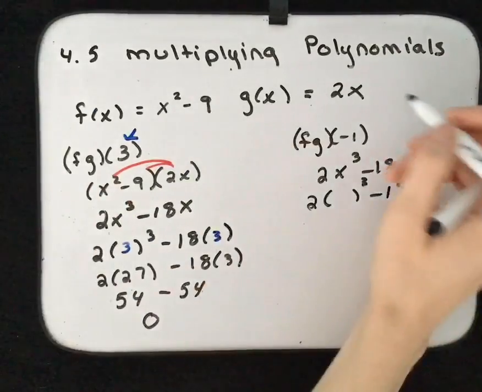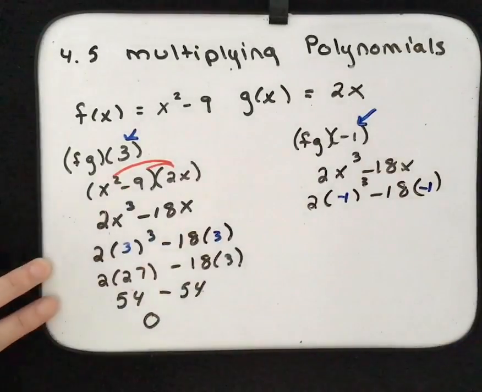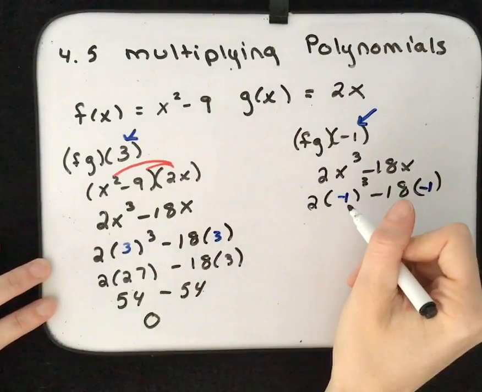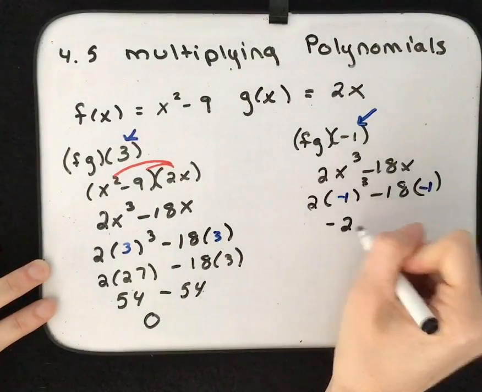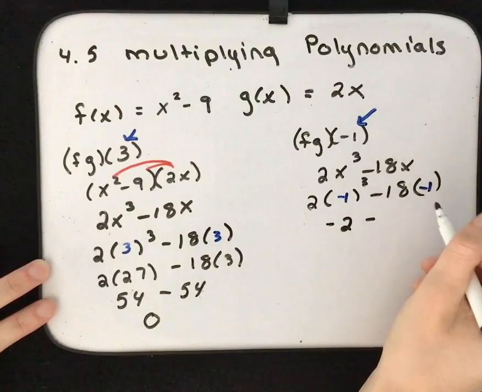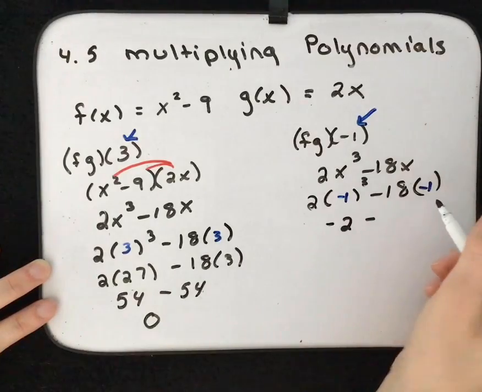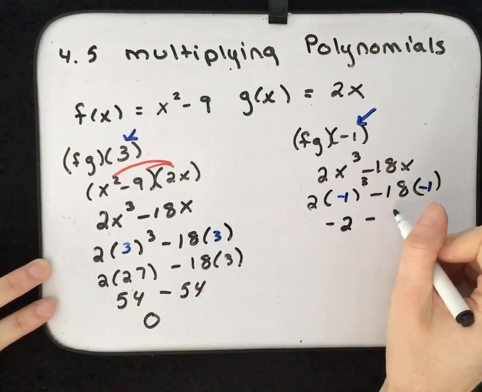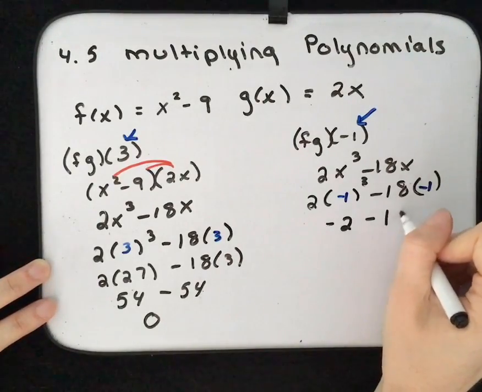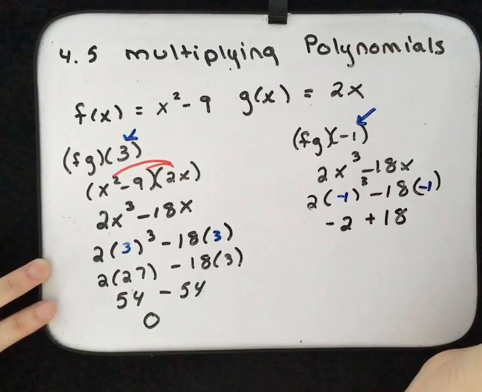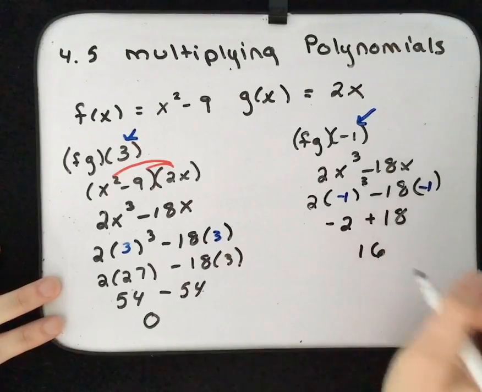And in this case, in that parenthesis, we're putting our negative 1. Negative 1 times negative 1 times negative 1 is negative 1 times 2, so negative 2 minus negative 18 times negative 1 is positive 18. So that is going to give us 18 right here. And then we have negative 2 plus 18 gives us 16.